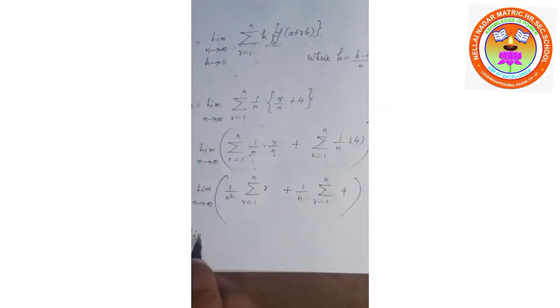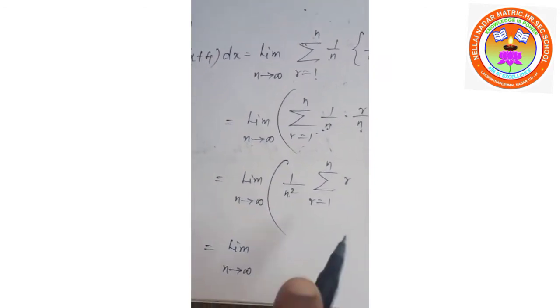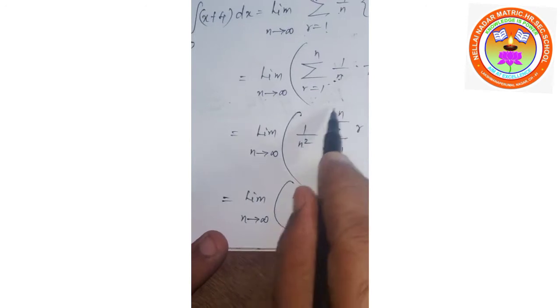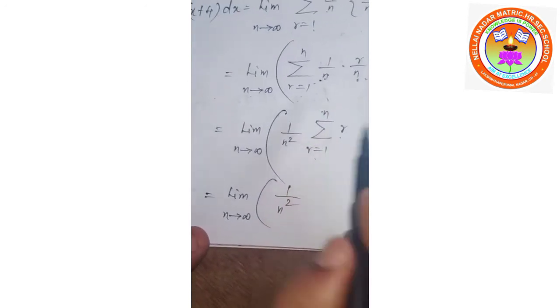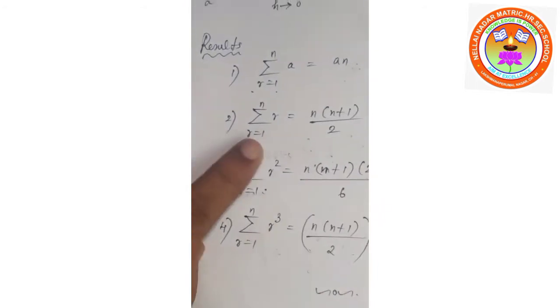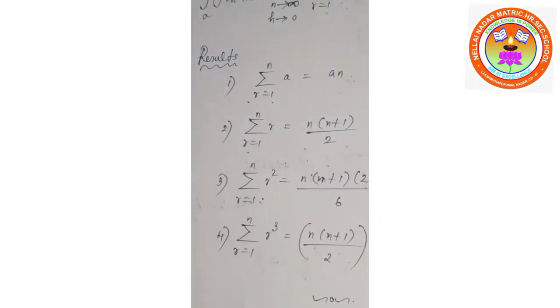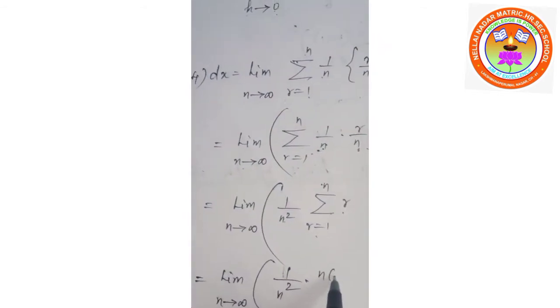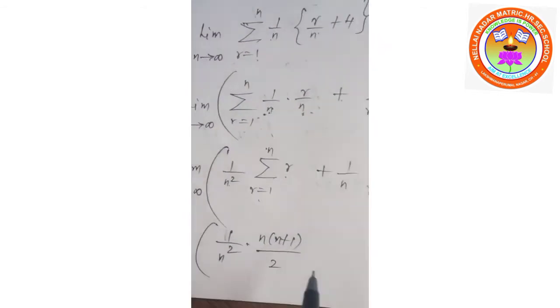Equals limit n tends to infinity, write 1 by n square as it is, sigma r equals 1 to n r. The result here is n into n plus 1 by 2. This can be replaced by n into n plus 1 by 2.